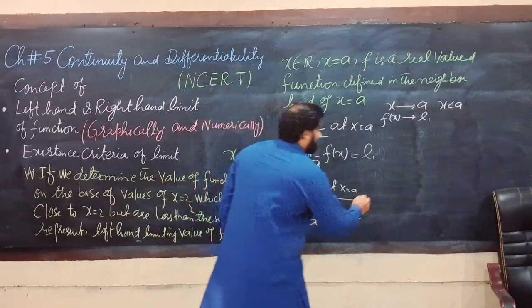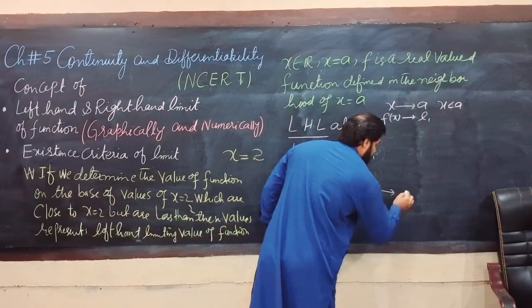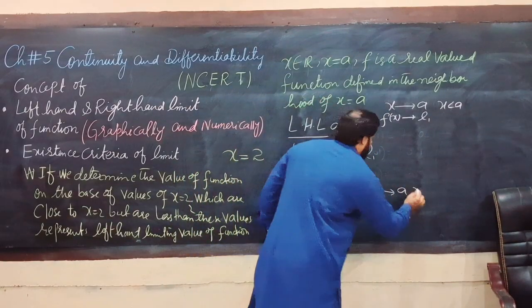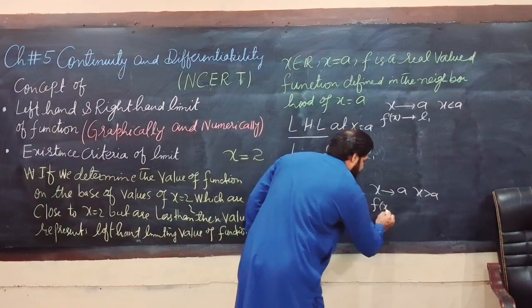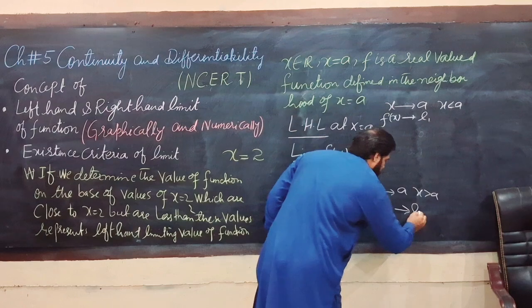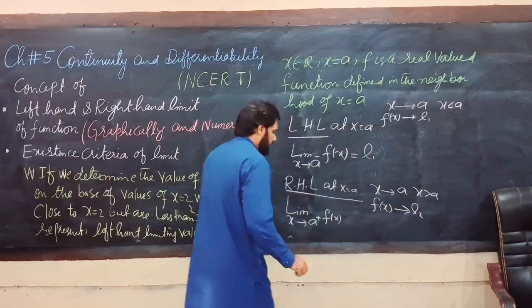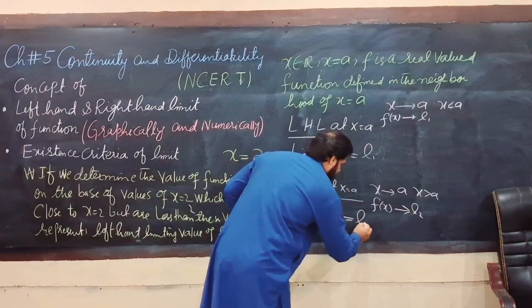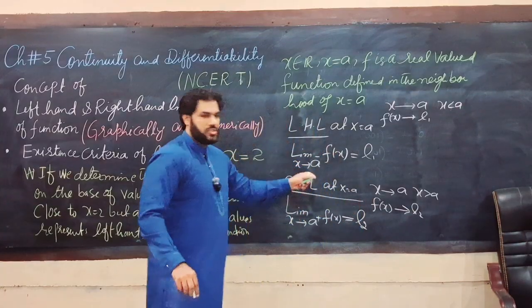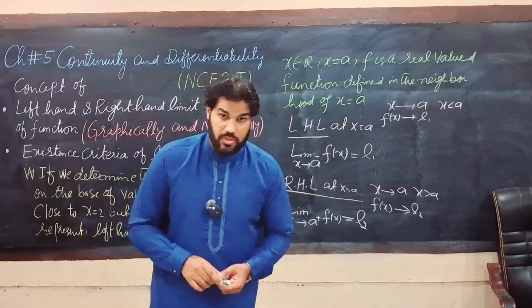Similarly, if your real number x approaches a but x is greater than a, and f of x approaches some real number L2, then it is called the right hand limit of the function, that is L2. So this is the concept of left hand and right hand limit of the function.